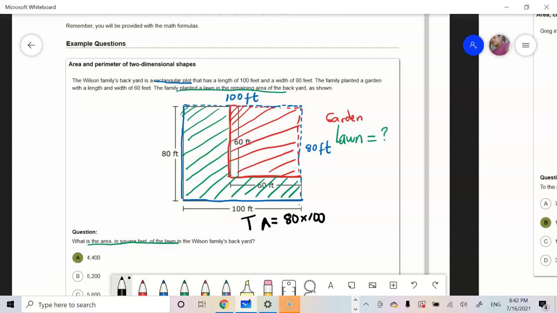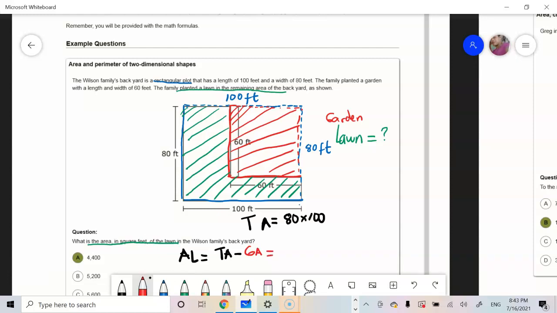So if we subtract the area of the garden from the big rectangle that we have here, then we're going to have the area of the lawn, which is all of this green area that we have here. So I'm going to write this equation. The area of the lawn is equal to the total area, which is this big rectangle that we have here, minus the garden area, okay?